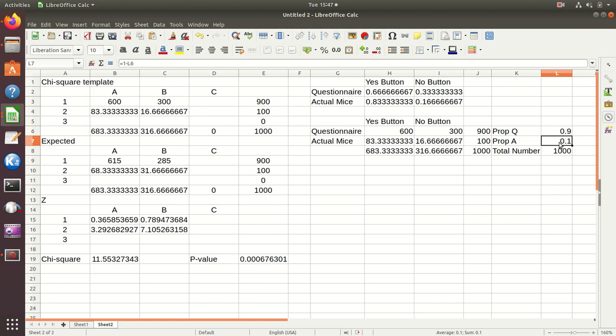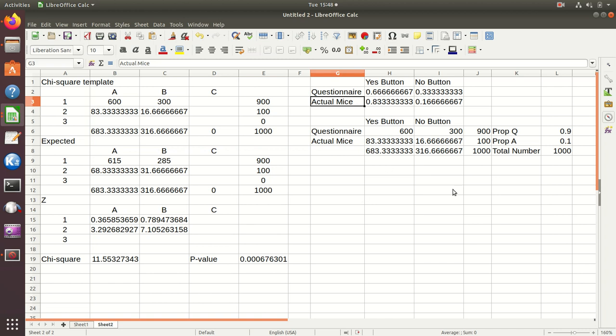And so if we had 1,000 people in our study, and even if 90% of them did the questionnaire and only 10% did the actual mice, if these were the proportions, we could actually see a very tiny p-value that would be good. We could truly say there is a difference between filling out the questionnaire and actually working with the mice.